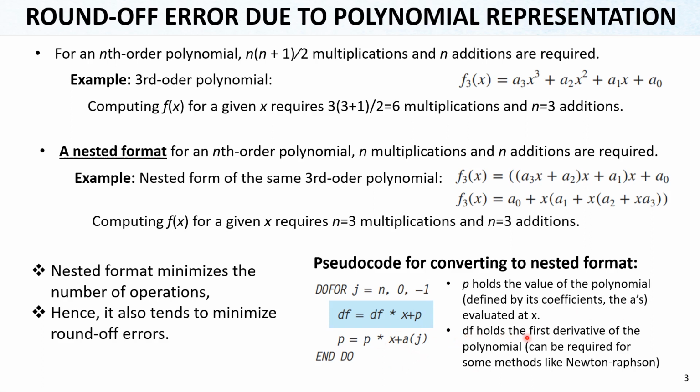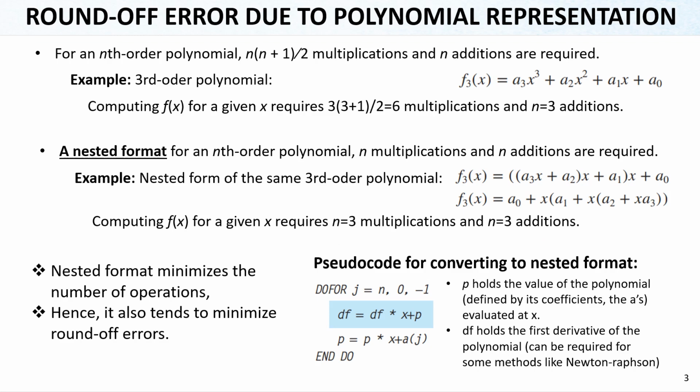And df holds the first derivative of the polynomial, which can be required for some methods like Newton-Raphson. This is optional. If we use Newton-Raphson, for example, we need this to be able to get the derivative. So this is important for round of error. As we said, if we reduce the mathematical operations, we can have reduced round of error.